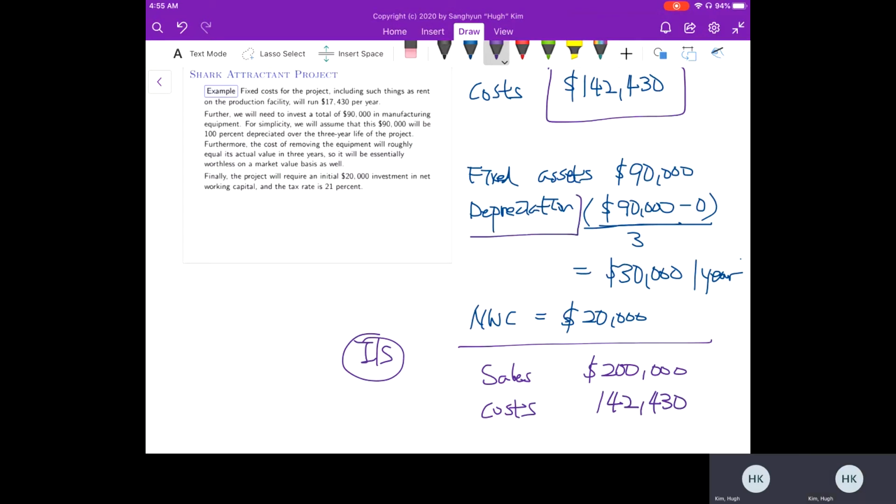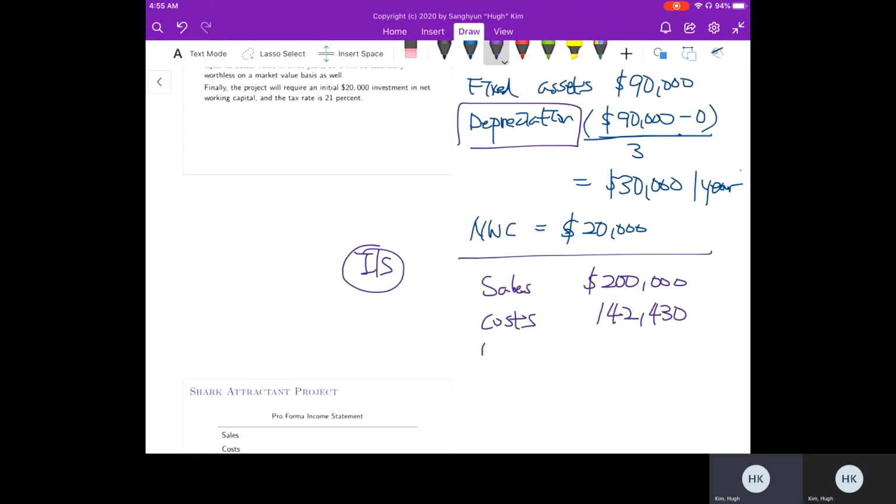Then depreciation is $30,000. And if you subtract the expenses from the revenues, you get earnings before interest and taxes, $27,570. So that's your EBIT, or operating income.